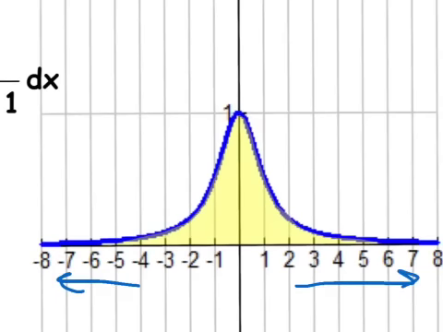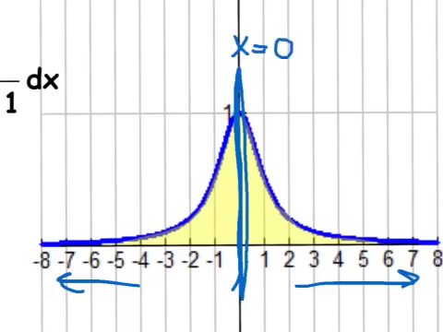But you can see in this graph that there's some symmetry that we can take advantage of. If you'd like, you could split this region up at x equals 0. And then if we just find the area between the curve and the x-axis from x equals 0 up to x equals infinity, then if we double that amount of area, that will give us the area of the whole region.